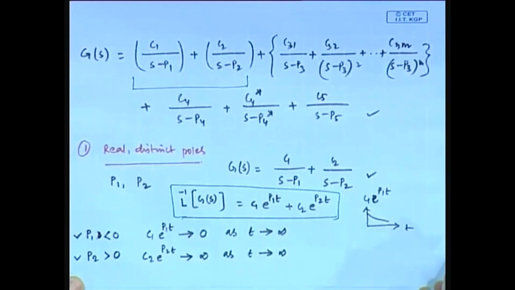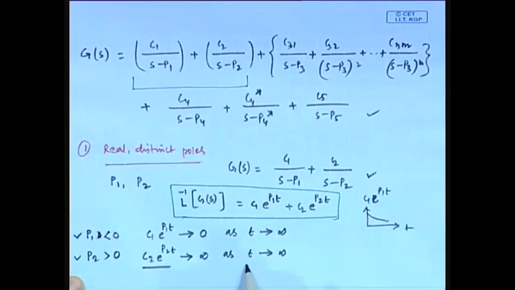Agree? If P2 is greater than 0, then C2 exponential of P2 t grows to infinity as time tends to infinity.